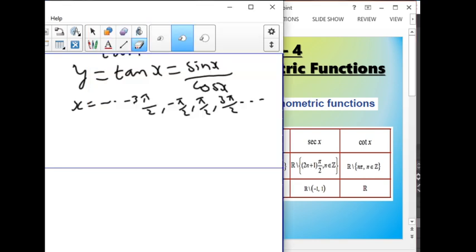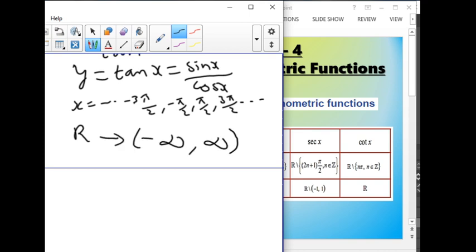R is the set of real numbers, and it is nothing but the open interval minus infinity comma plus infinity. That is the range.